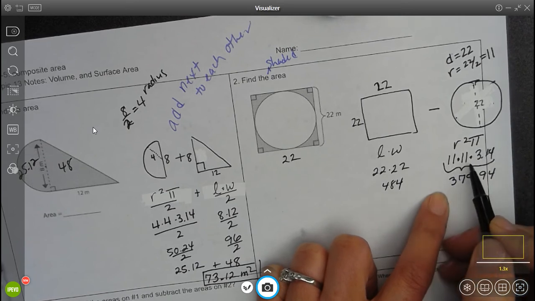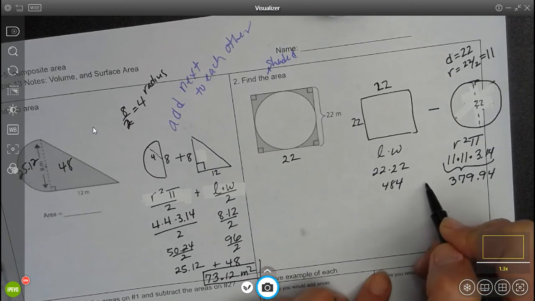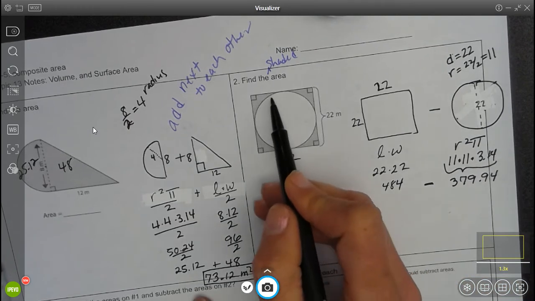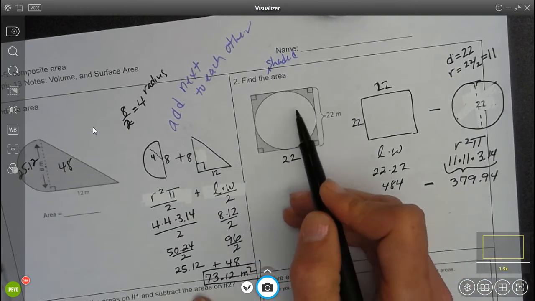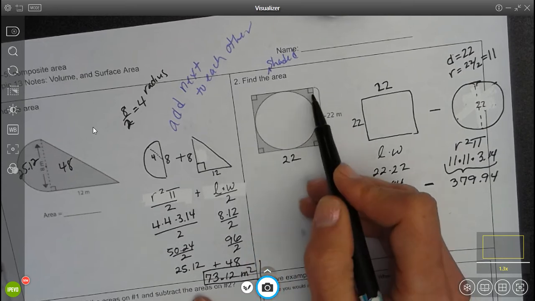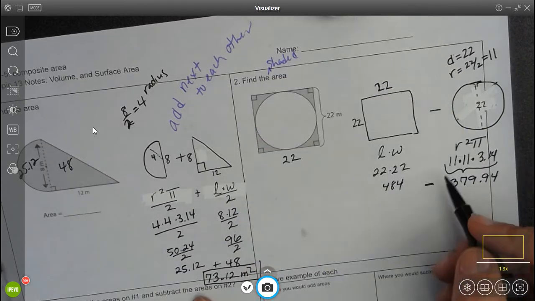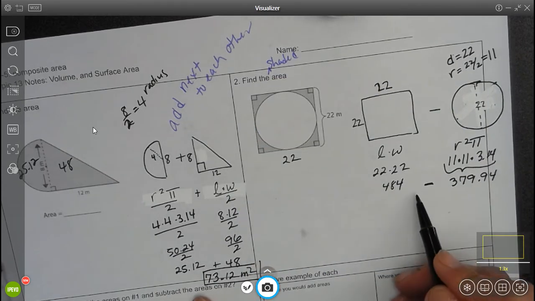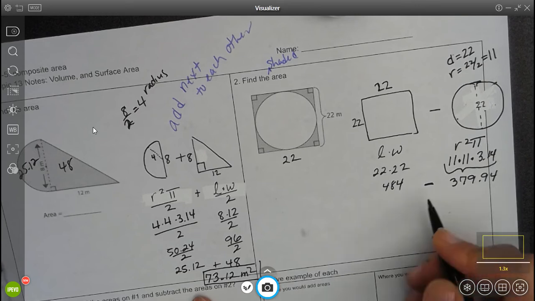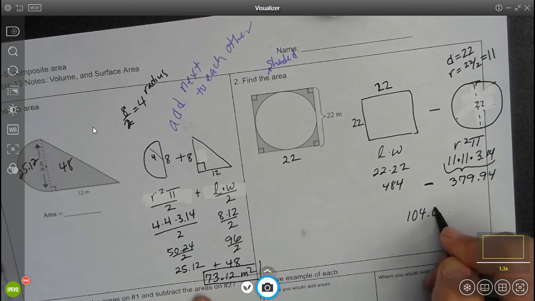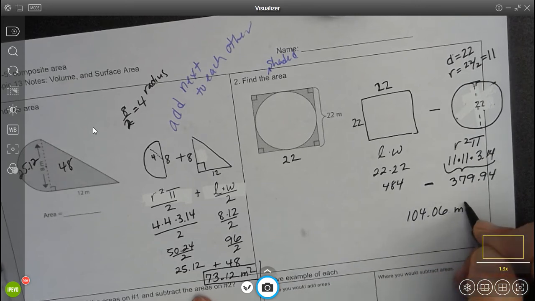Okay, and again, this is a hole on this shape. It's a bigger square taking away this circle that's on top of it, and when I subtract those, I would get 104.06 meters squared.